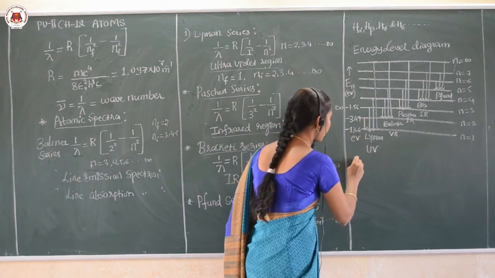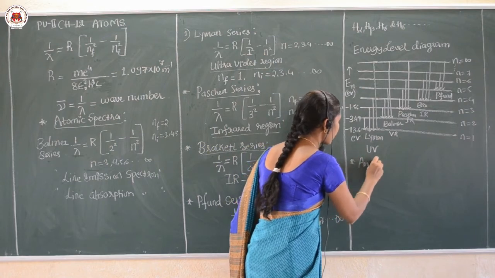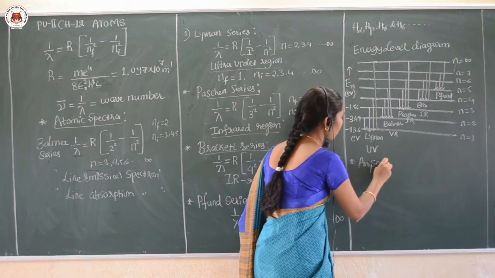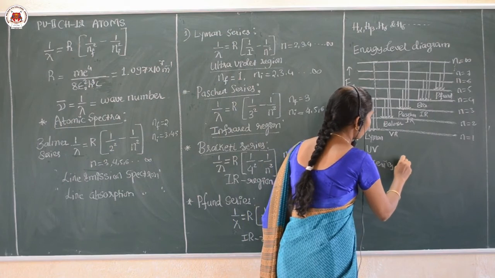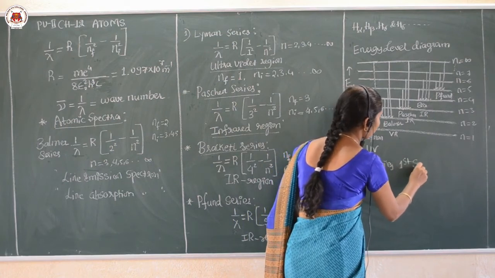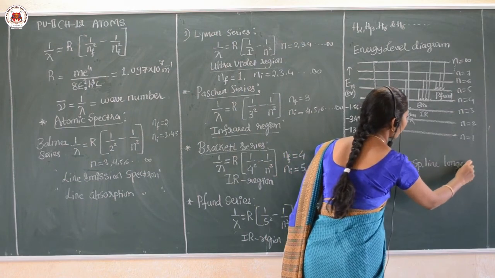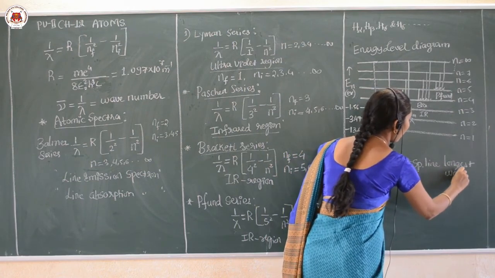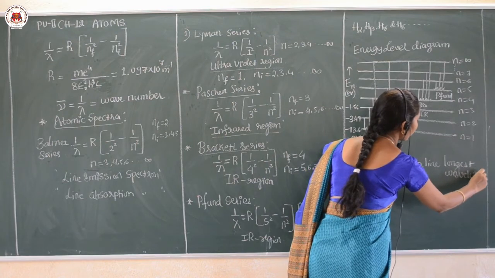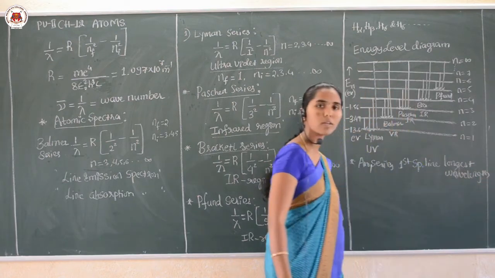In any series, the first spectral line has the longest wavelength. And you know that wavelength and frequency are reciprocal to each other.